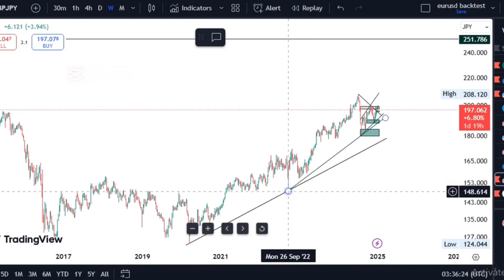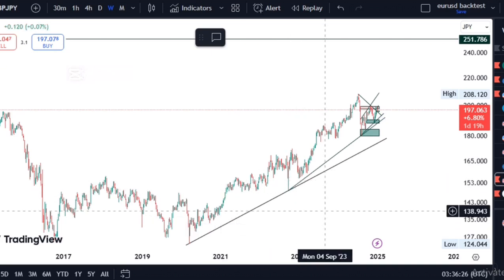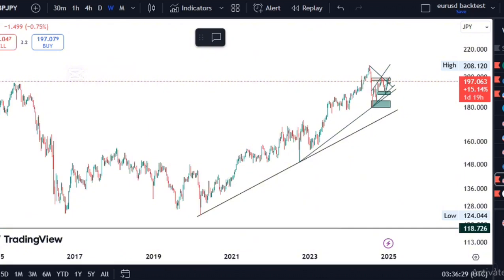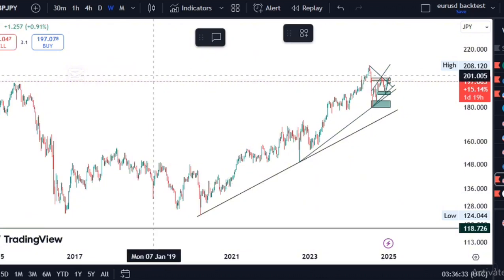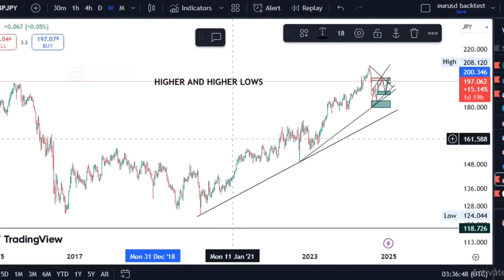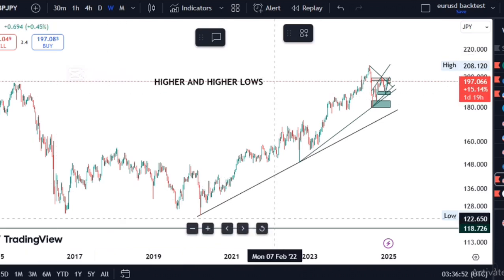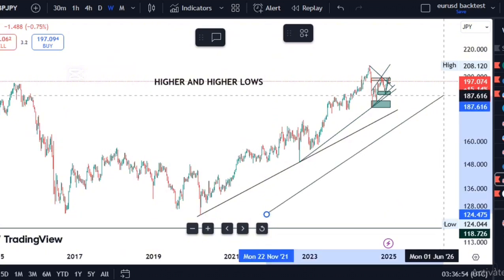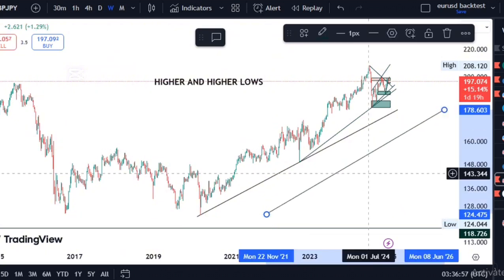So the market is making a series of higher highs and higher lows, as you can see here. So we call that an uptrend.